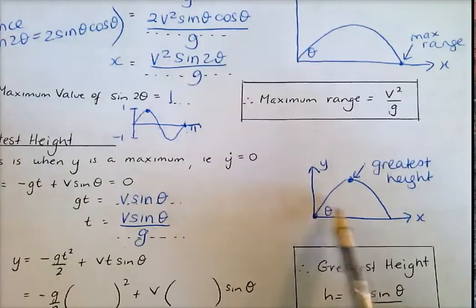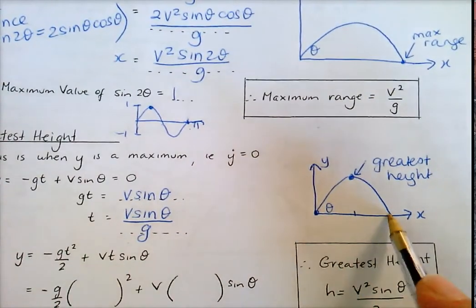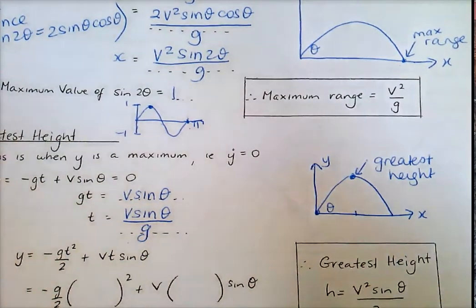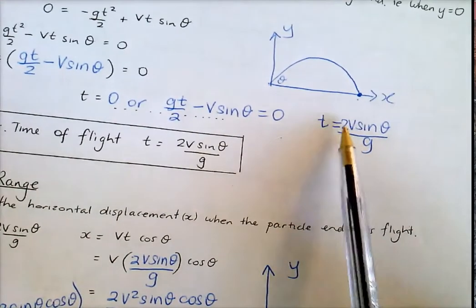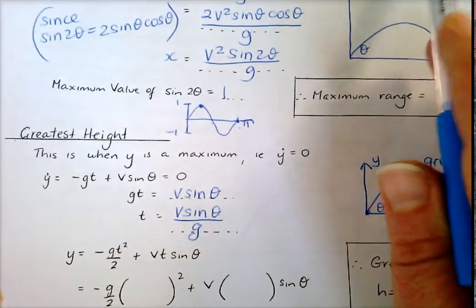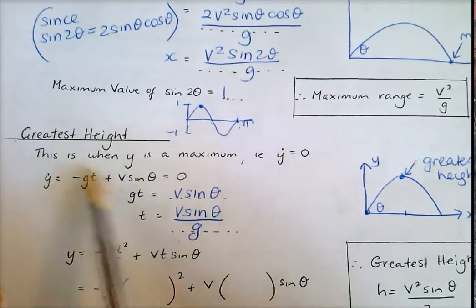So the particle will reach the greatest height at half the time it takes to reach the ground. That's why we've got t is v sine theta on g, whereas before time of flight is 2 times v sine theta on g. So another way you could work out the greatest height is to halve the time of flight in the first place instead of differentiating, but we've got the derivative anyway.